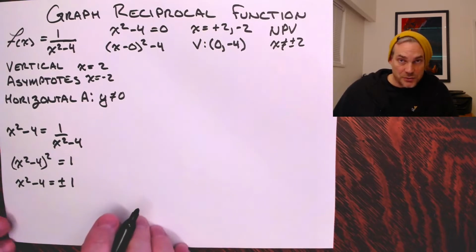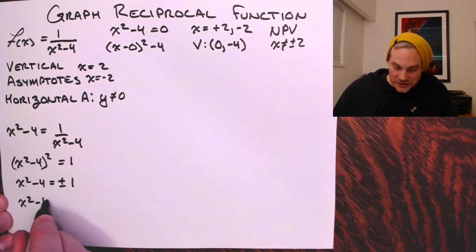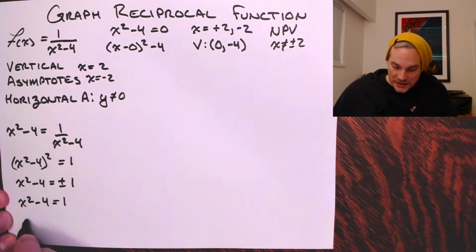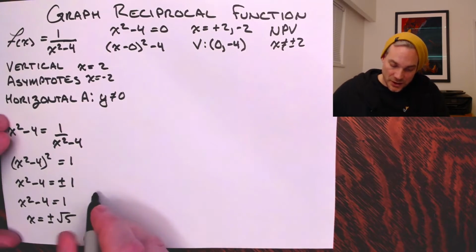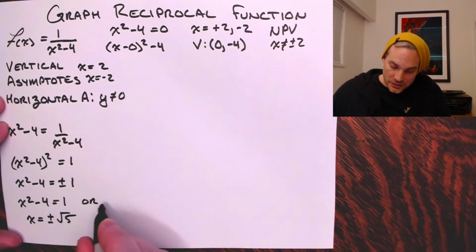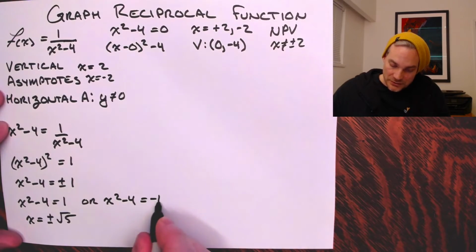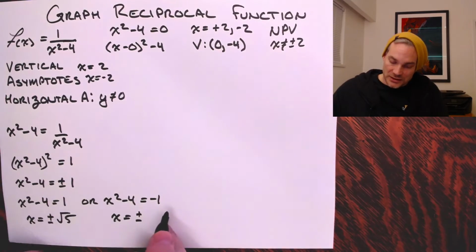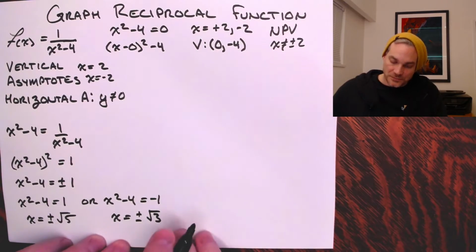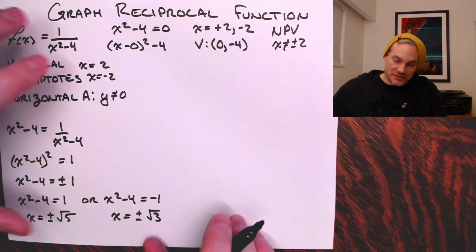So then we get two possible solutions. When x squared minus 4 equals 1, x is equal to plus or minus root 5. The other option is when x squared minus 4 is equal to negative 1, and that shows me that x is also equal to plus or minus root 3.